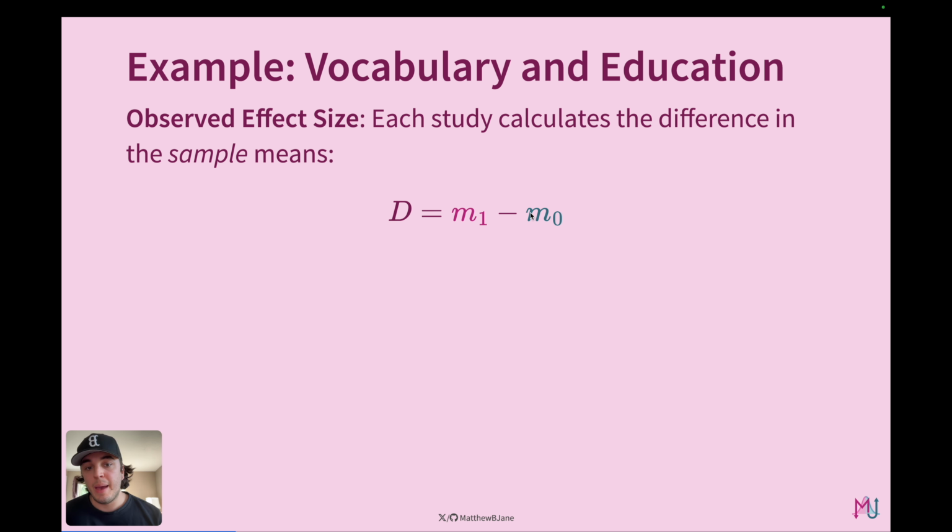So M1 and M0 will be the sample estimates of those true means, and the difference between those is our sample estimate of our mean difference. And we'll always denote Greek letters as the true value and the English letters as the sample or study estimate value, the observed value.